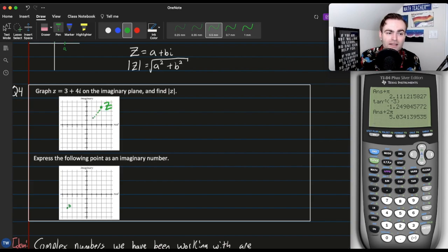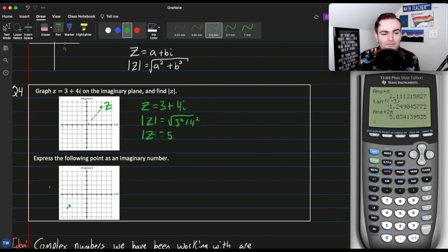And if I want to find its distance from 0, its absolute value, well, if z is equal to 3 plus 4i, then the absolute value of z is equal to the square root of 3 squared plus 4 squared. 3 squared is 9, 4 squared is 16, 9 plus 16 is 25, square root of 25 is 5. So the absolute value of z is equal to 5.